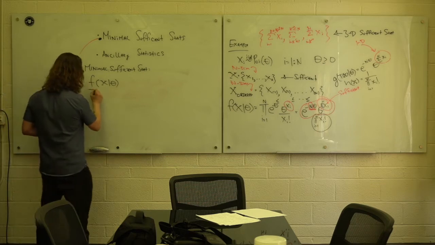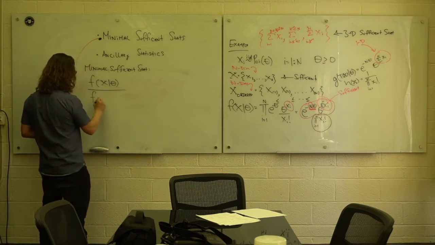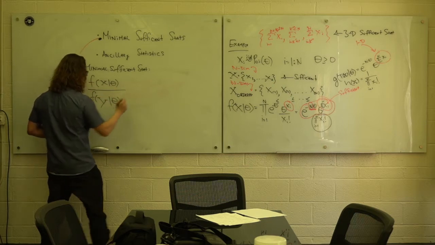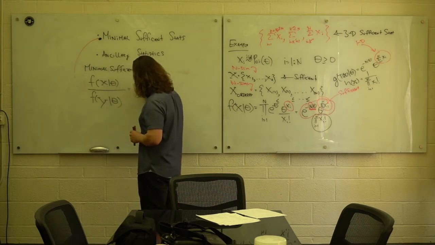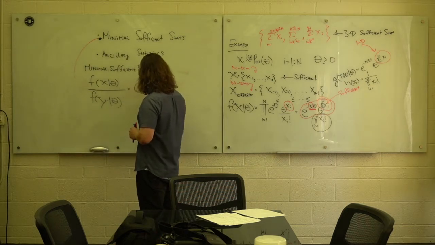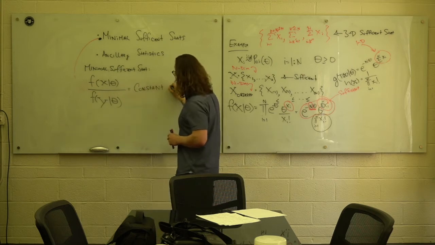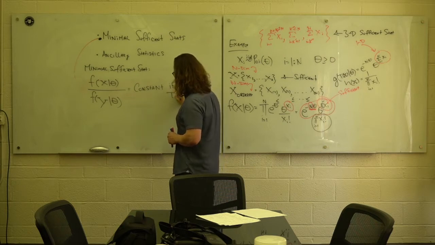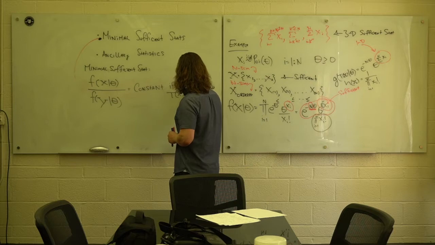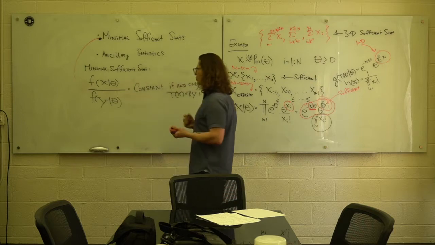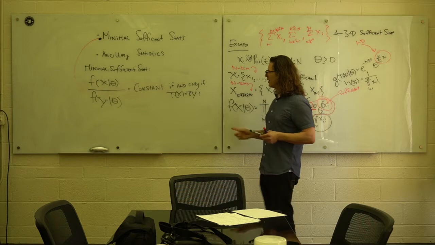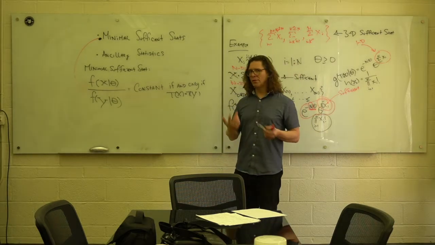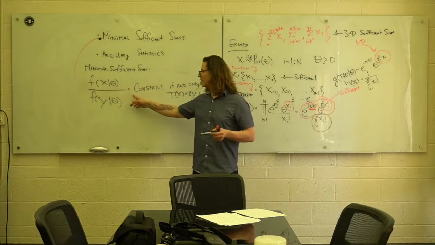So if I look at this, and I divide by this thing right here, f of y given theta, this should be a constant, and there's this condition. If and only if T(x) is equal to T(y). That's what they present to you in the book, and they say that this is going to be minimal sufficient if this is satisfied.